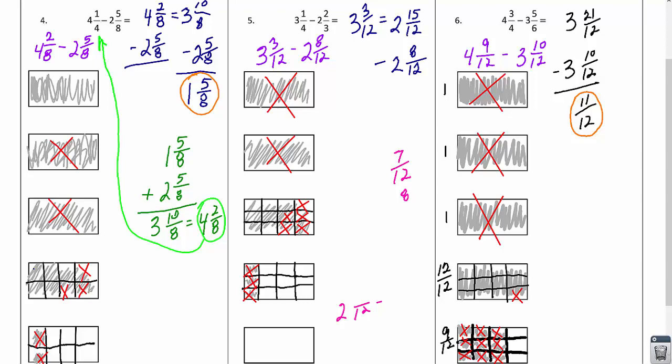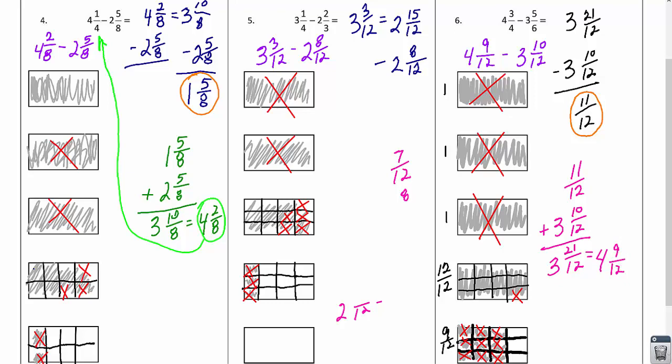All right, let's do our addition. Remember, we said we were going to do addition at the end to make sure we did it correctly. So we're going to take our 11/12 and add it to what we took away, which was 3 and 10/12. We're going to get 3 and 21/12. Look, there it is right there, which we know is the same as 4 and 9/12.